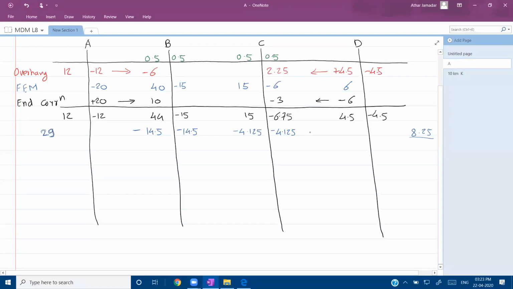Now yesterday, due to some technical issue, from here onwards the problem was somewhat unclear and I could not exactly demonstrate the problem to you, but now we are going to see. Now this correction generally we apply carry over to.